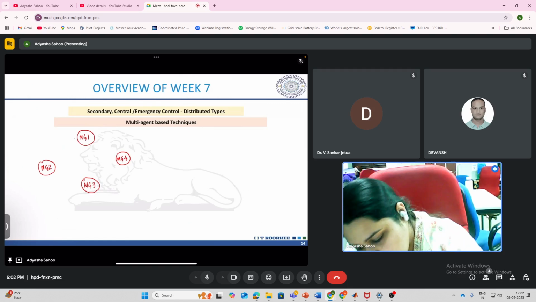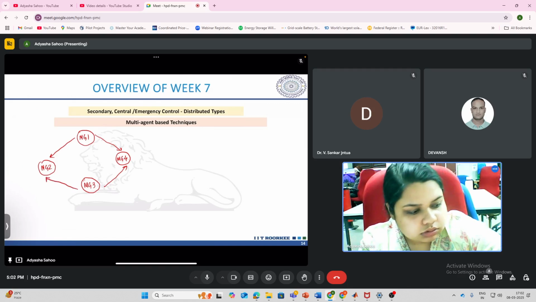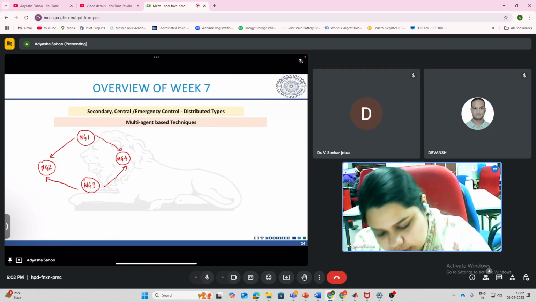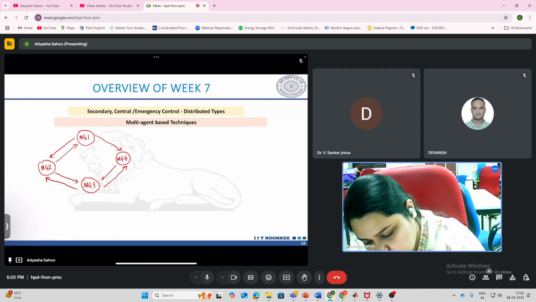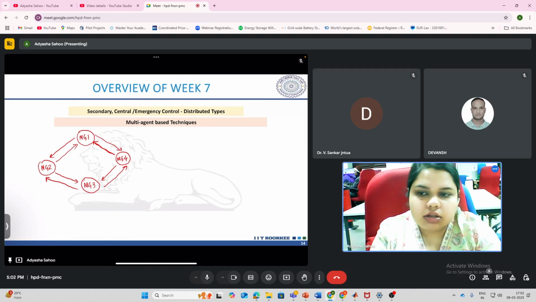MG1 will communicate with MG2 and MG4. MG3 will communicate with MG4 and MG2. MG2 will communicate with MG1 and MG3. And what is left? MG4. MG4 will communicate with MG3 and MG1. So each microgrid will communicate with its neighbor and take the actions.